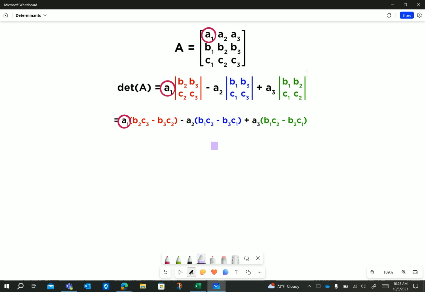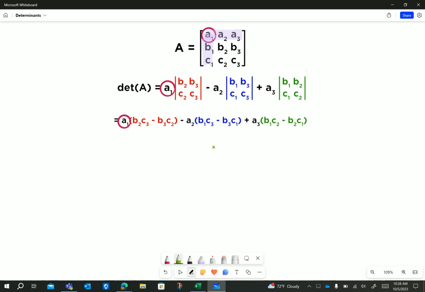So A1 uses this row and this column. You ignore what I highlighted in purple and focus on what's inside, and you are left with a 2 by 2 matrix: B2, B3, C2, C3.